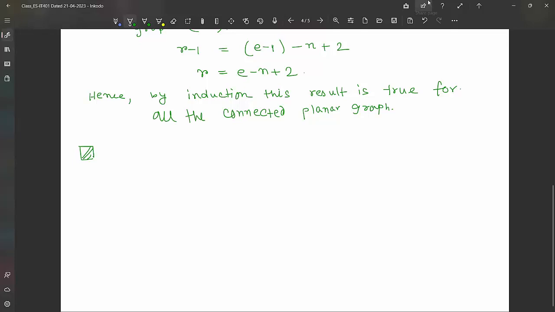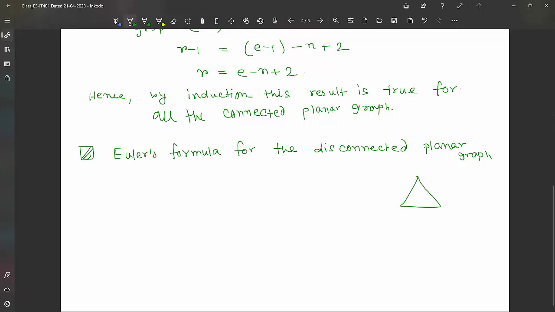So here is another statement, the same Euler's formula for the disconnected planar graph, like this type of graph.